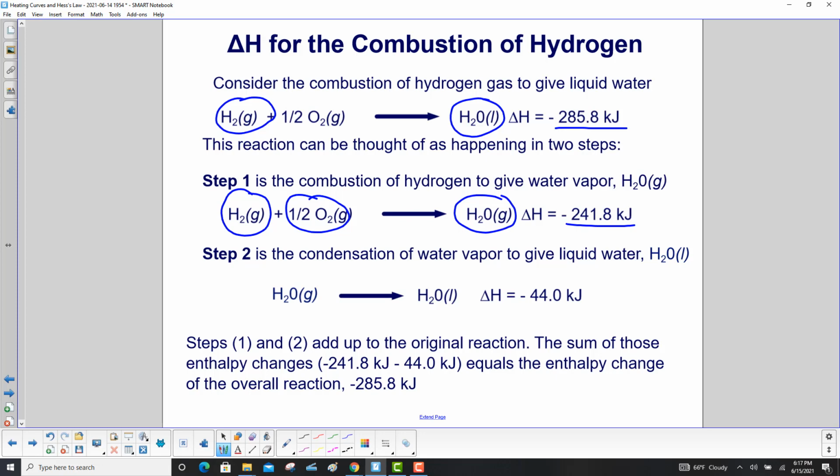Then, step 2, we'll condense the gaseous water to liquid water. That delta H is minus 44.0 kilojoules. Steps 1 and 2 add up to the original reaction. The sum of those enthalpy changes equals the enthalpy change of the overall reaction, minus 285.8 kilojoules.